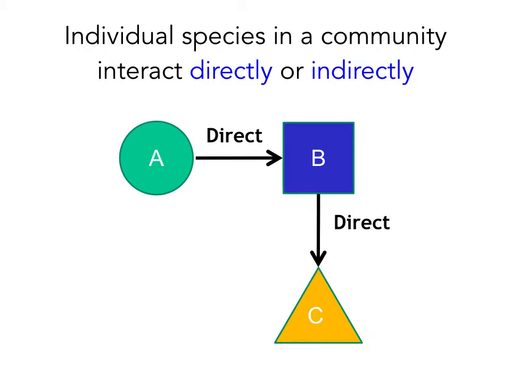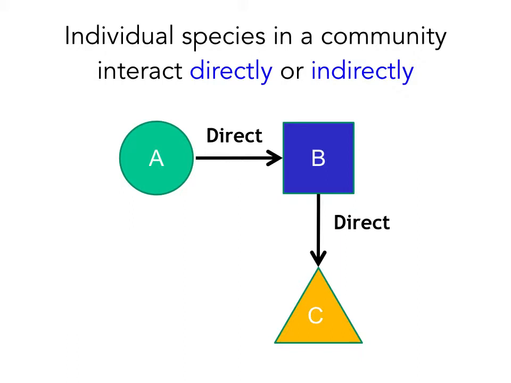Again, B and C might also be directly interacting. B might be an herbivore, and C some kind of plant species, an autotroph that it consumes, and therefore, again, this would be a direct interaction.